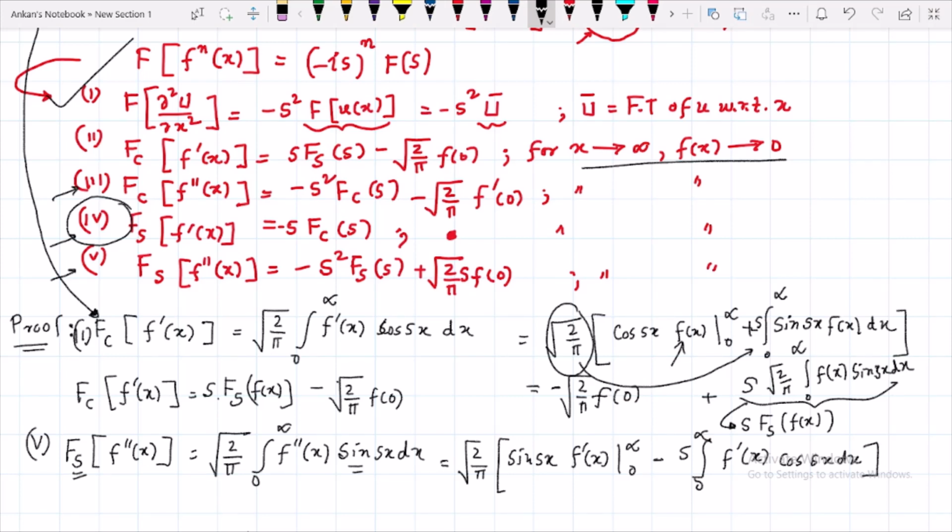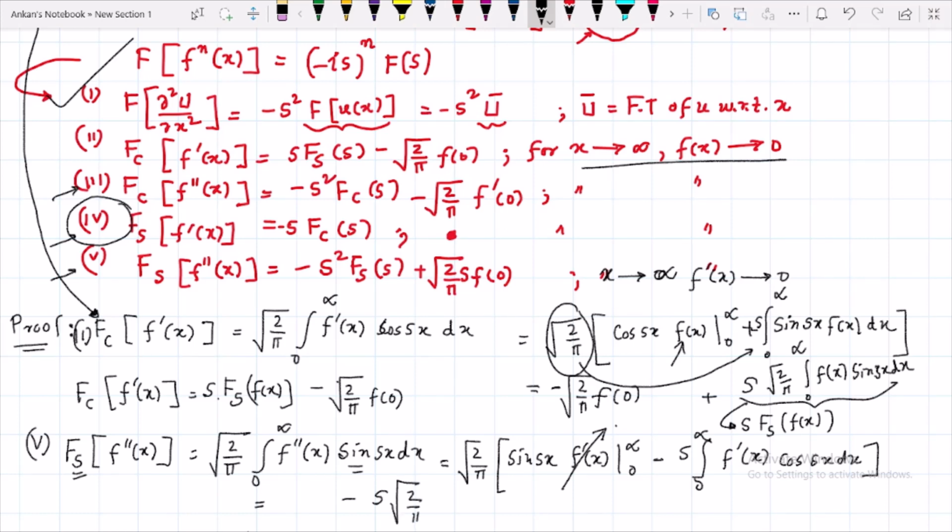Here the condition slightly changes. As x tends to infinity, f prime x tends to 0, so that it will get cancelled out. By putting infinity this term is 0, by putting 0 this term is 0. So the first term has no contribution, and only the second term is present.